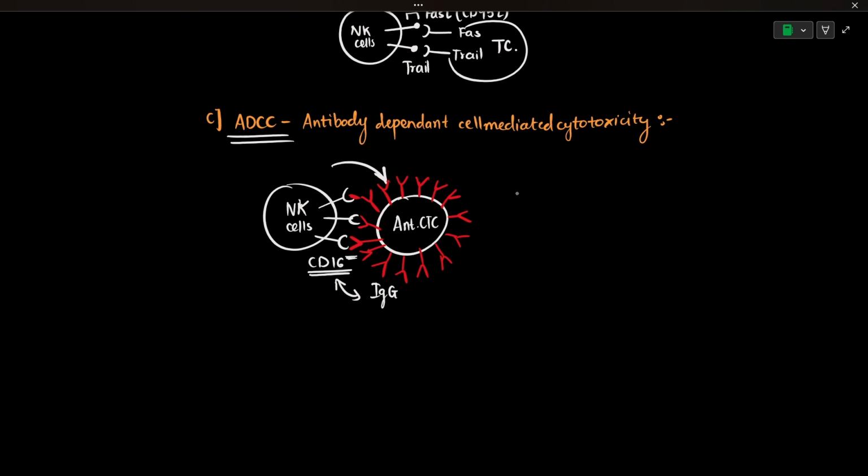The factors that can affect this antibody dependent cellular cytotoxicity are the density and the stability of the antigen on the target cell, which will affect the ADCC efficiency.